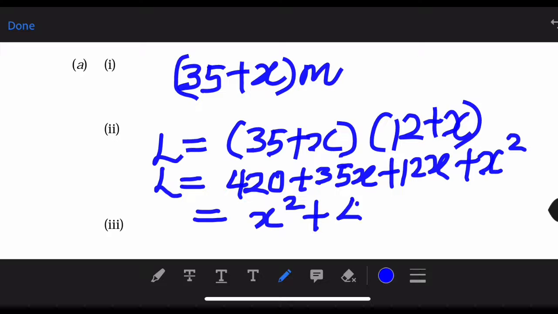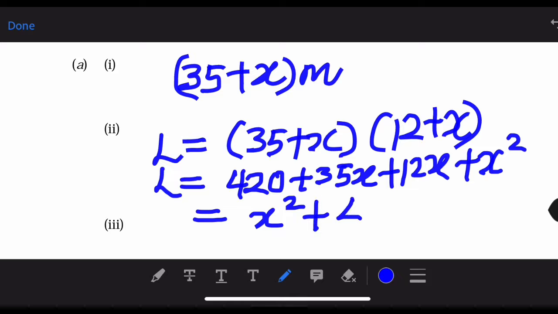So let's simplify to the general form. Okay, 47 minus 6 will be 41x plus, it should be minus 230, right? Is equal to 0.